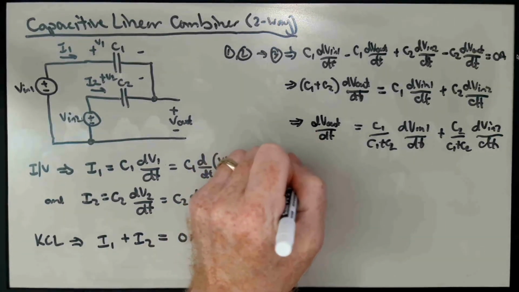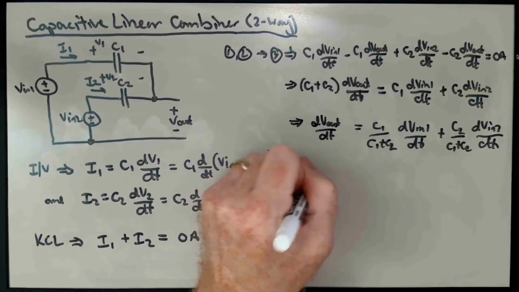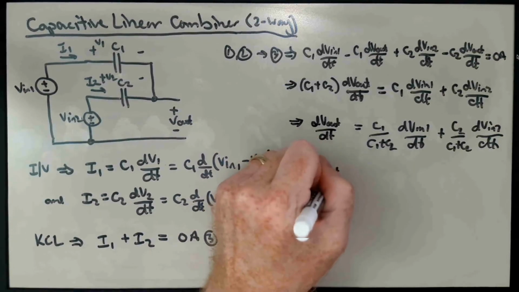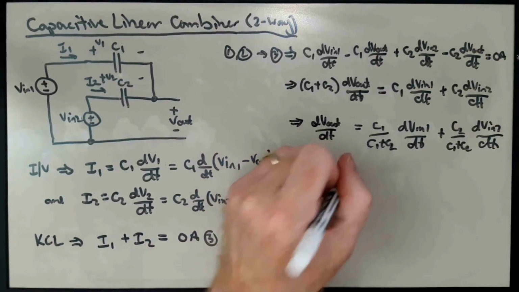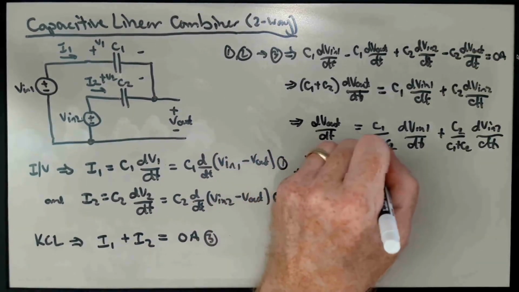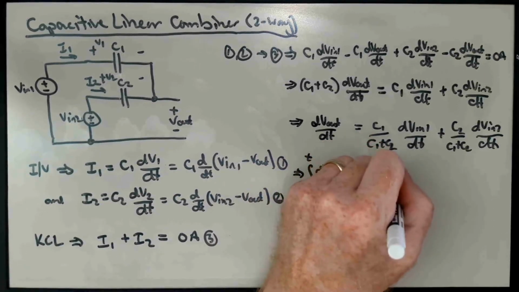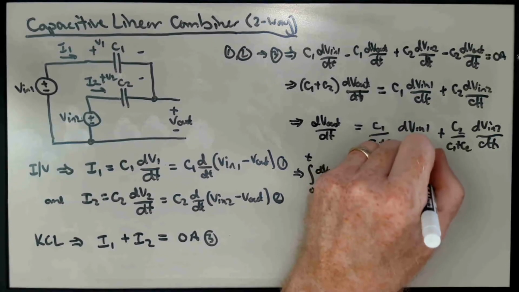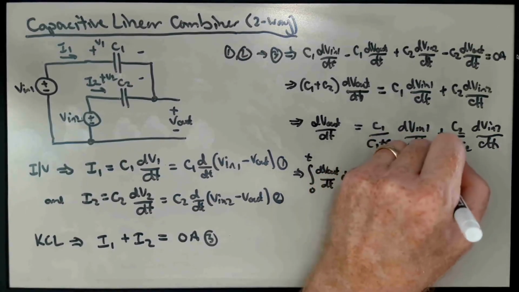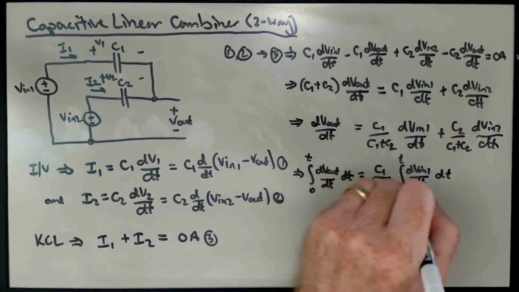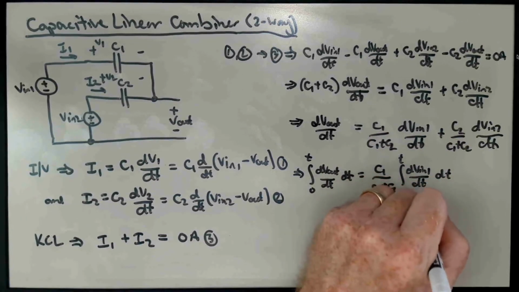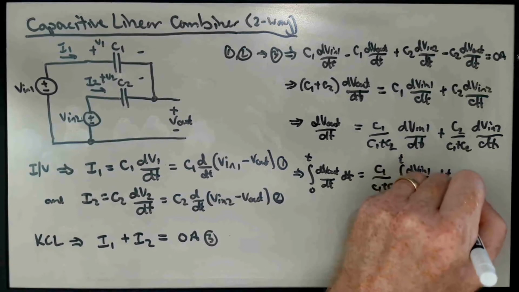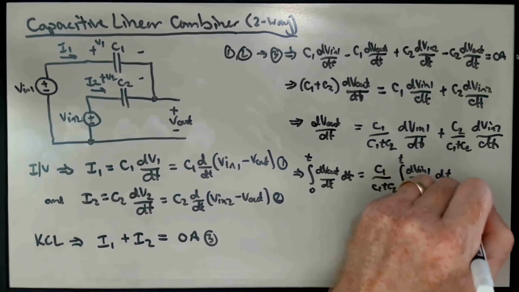So doing that, we have the integral from 0 to t of dVout/dt dt is equal to C1 over C1 plus C2 times the integral from 0 to t of dVin1/dt dt plus C2 over C1 plus C2 times the integral from 0 to t of dVin2/dt dt.